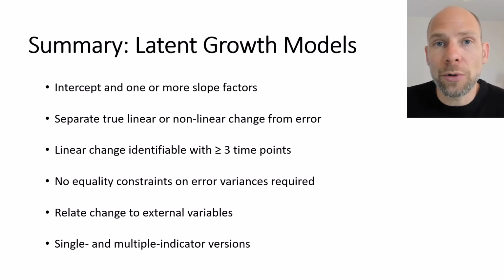Here I only showed you a single indicator model, but I have videos on this channel where I also present second order growth curve models, which are useful. They're more flexible because they use more than one measured variable at each time point. And I also describe these models in detail in my book, Longitudinal Structural Equation Modeling with Mplus.